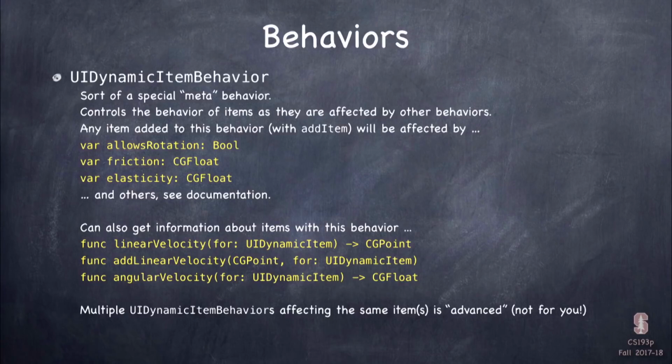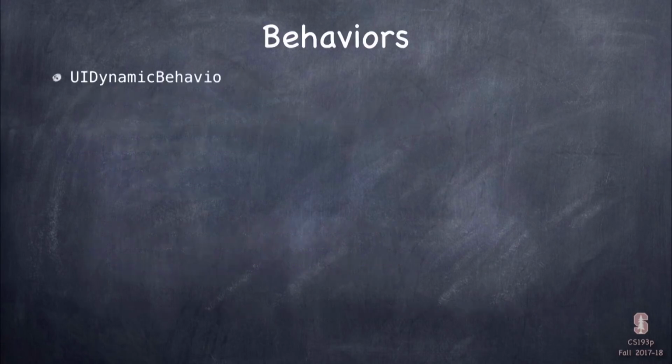How fast are you moving across the screen? Or even how fast are you spinning, if you happen to be spinning? So UIDynamicItemBehavior, we almost always have all our items in one because we want to be able to set these various things about them.